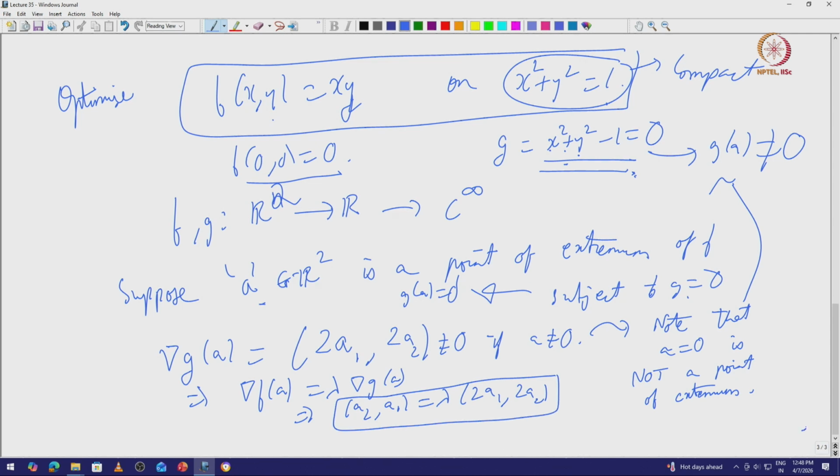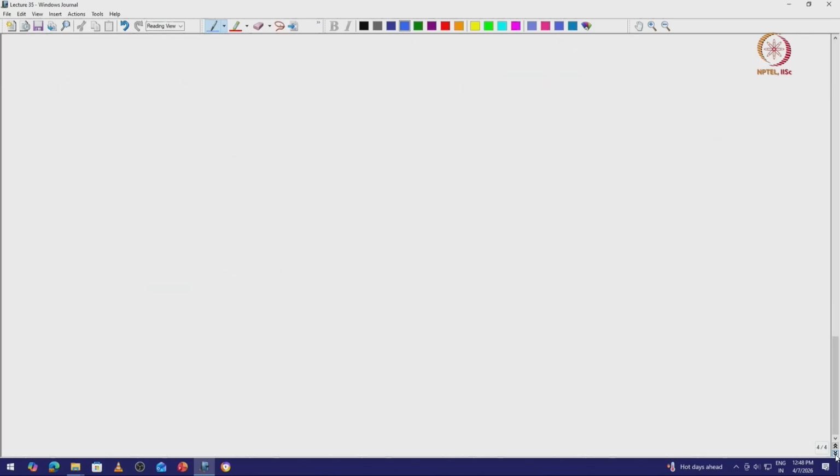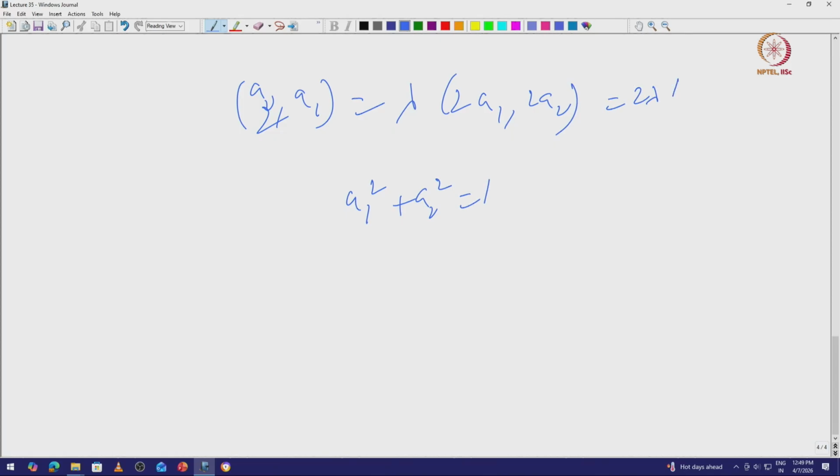So we have two equations here. (a2, a1) is lambda times (2a1, 2a2), and a1 squared plus a2 squared equals 1. Okay. This is 2 lambda times (a1, a2). We can call this lambda tilde if you want. So, a2 equals lambda tilde a1, a1 equals lambda tilde a2, and a1 squared plus a2 squared equals 1.